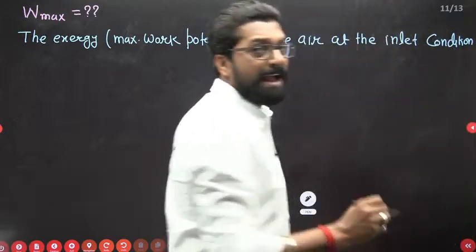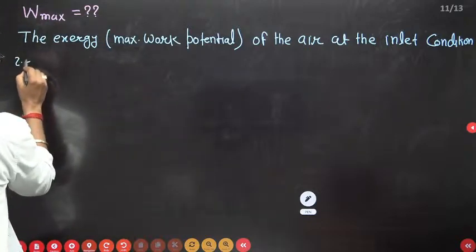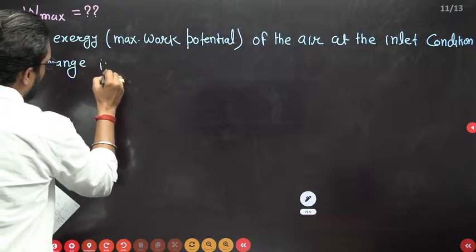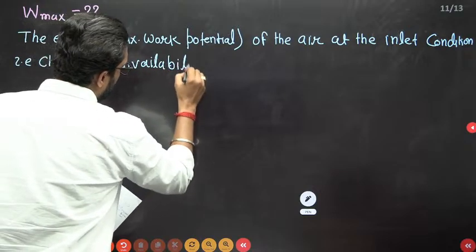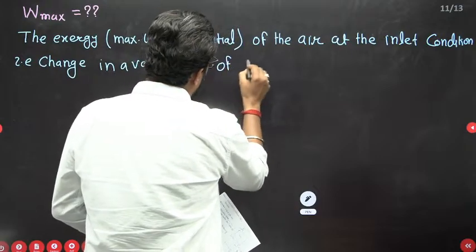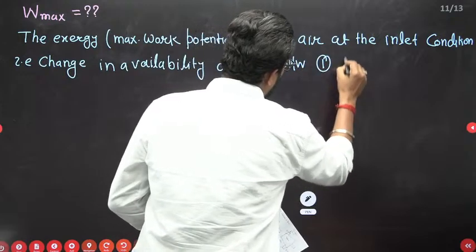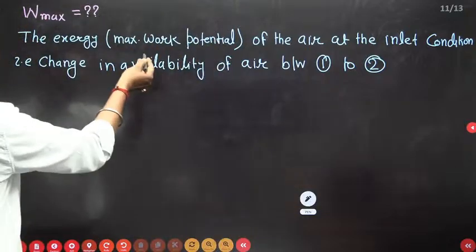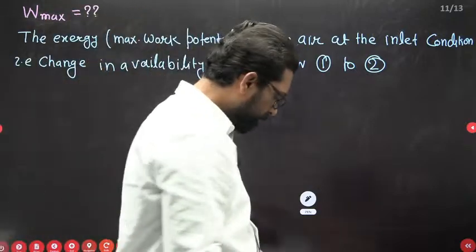That means we have to find the maximum according to the inlet condition, that is the change in availability of air between state point 1 to state point 2. That means change in availability you have to find, that is your maximum work potential, or exergy, or maximum work.